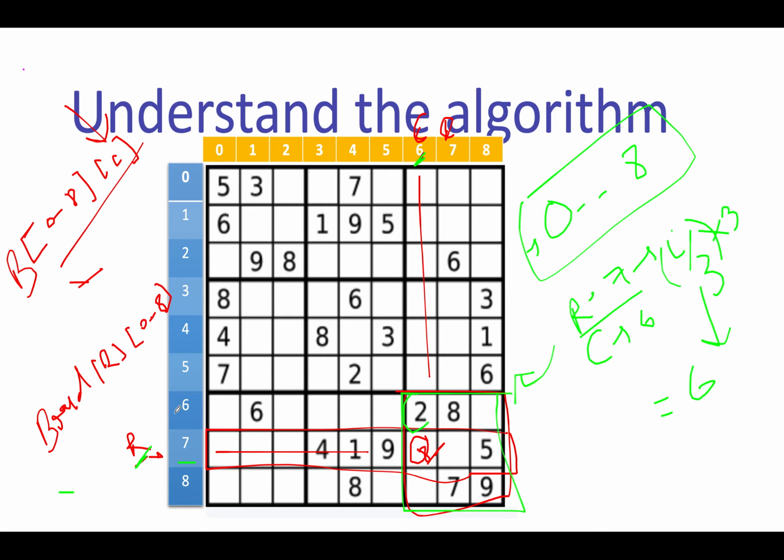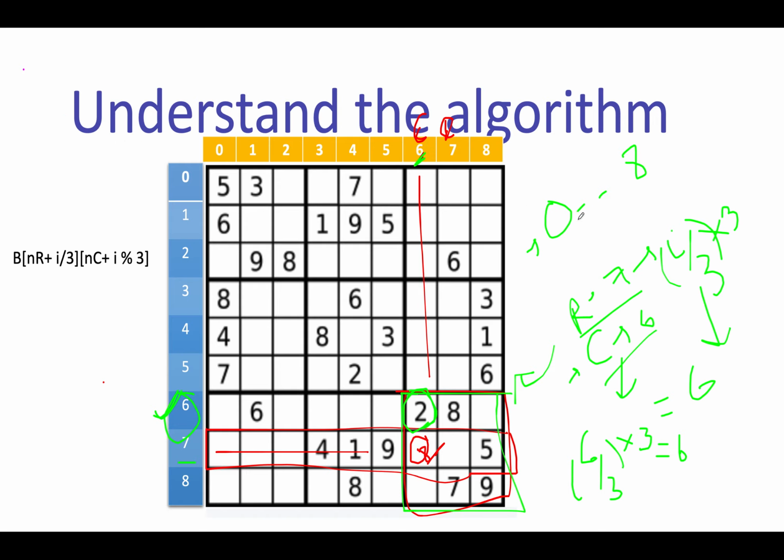That means this submatrix starts at this particular row. Similarly for the column, you'll normalize it. What is the value of C given to you? It is 6. 6 by 3 is 2, 2 into 3 is 6. So the value turns out to be 6. So we get the entry point of the submatrix as 6, 6.